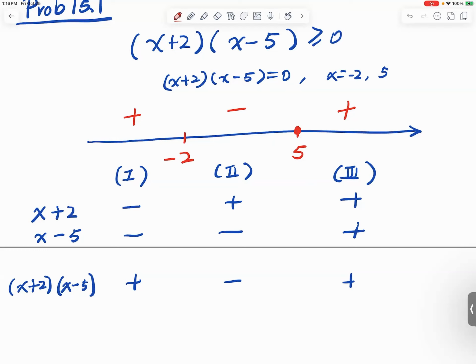Therefore, 5 and -2 should be allowed, because when x is at these places, the left-hand side equals 0, right? Then we pick the positive intervals.